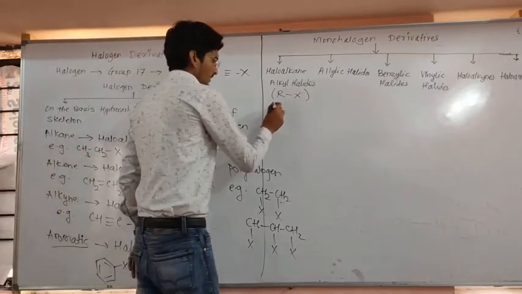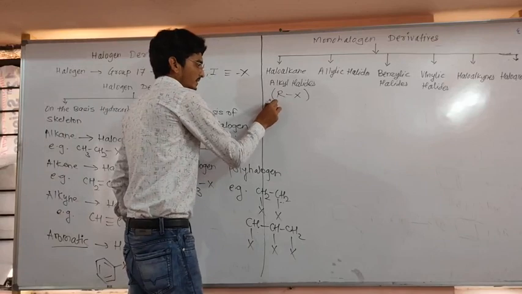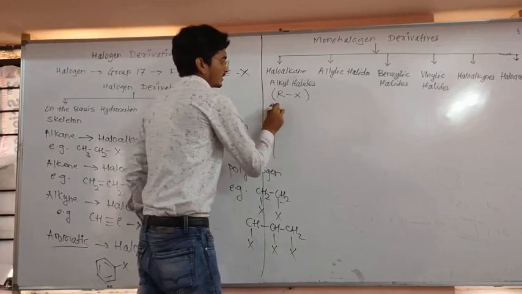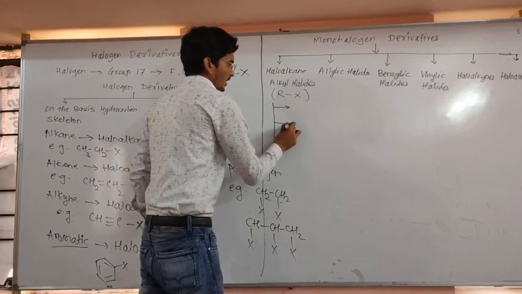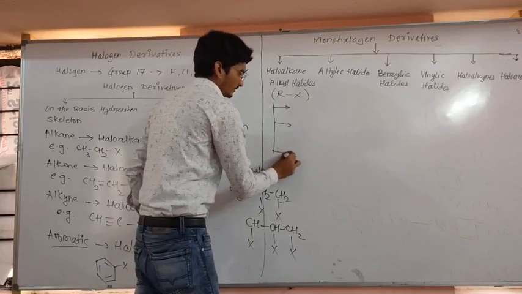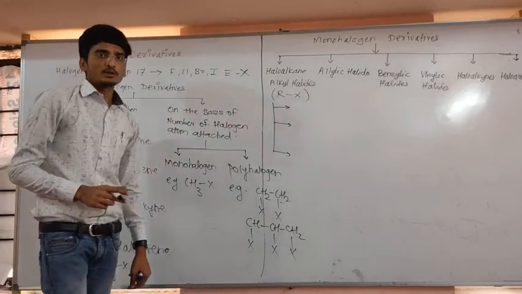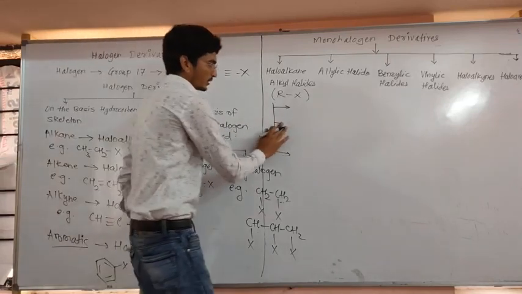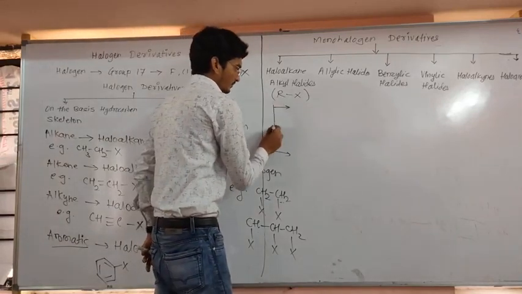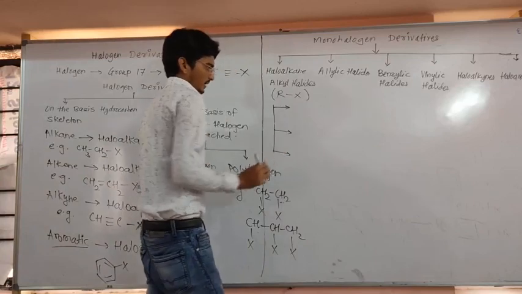Okay, so again alkyl halides are classified into three types according to the types of carbon atom to which the halogen atom is attached.